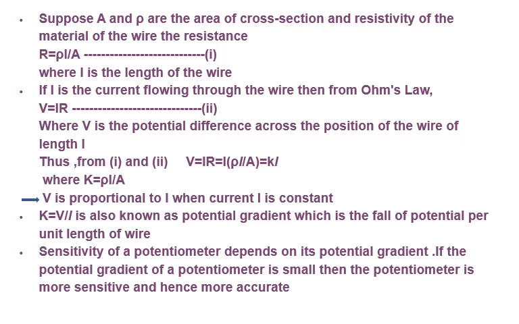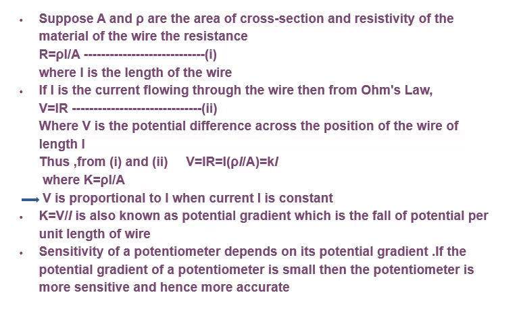Now, the sensitivity of a potentiometer depends upon the potential gradient. If the potential gradient of a potentiometer is small, then the potentiometer is more sensitive and hence more accurate.